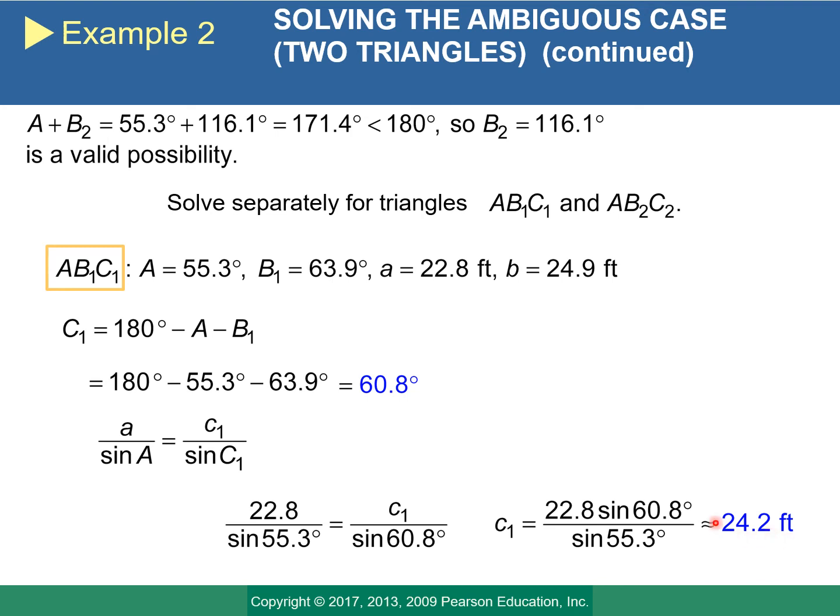So one out of the two triangles that fulfill the given information, we're done. We've solved it. We had these four values, sides A and B, angles A and B1. And then we found angle C1 and side c1. So triangle 1 is done. But we have to repeat this now for triangle 2.